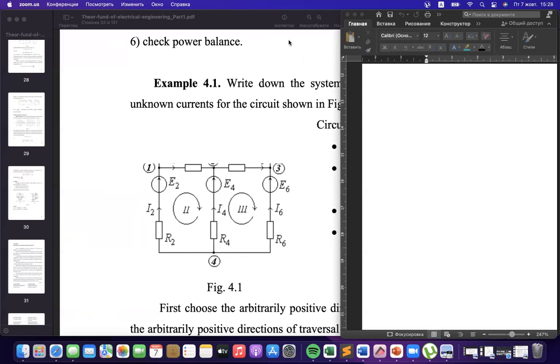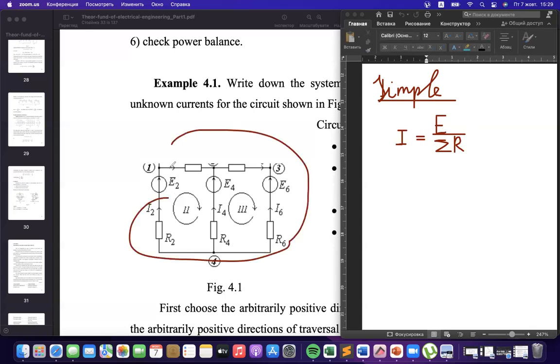The idea of solution of the previous task, the idea of solution of a simple circle, is that we are finding current as electromotive force divided by total resistivity. And this total resistivity was found near the source. But here we have 3 sources.